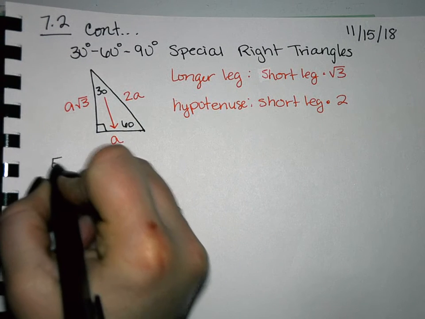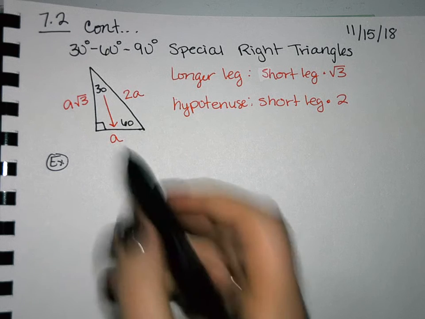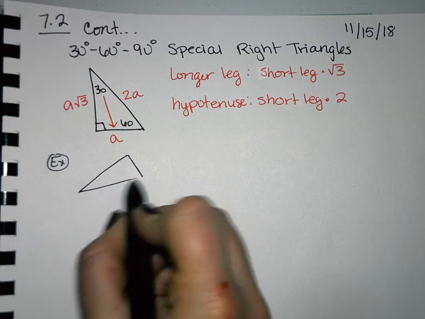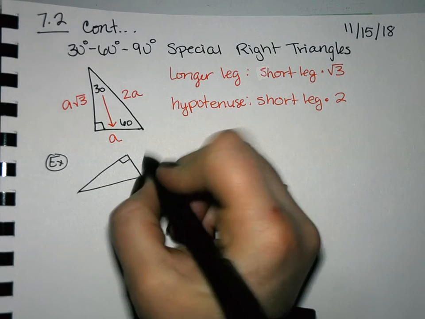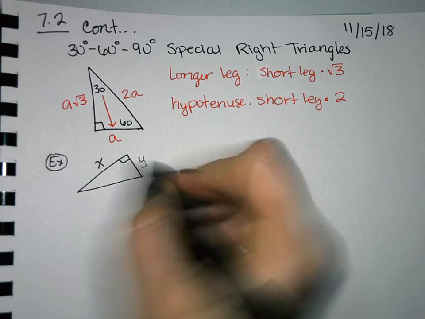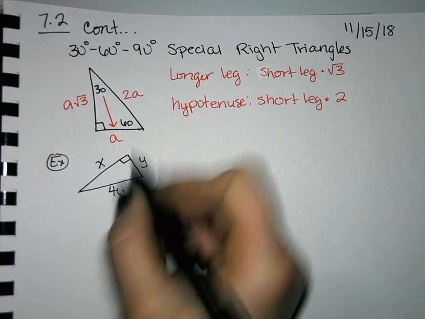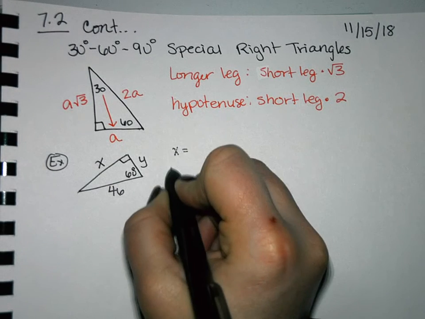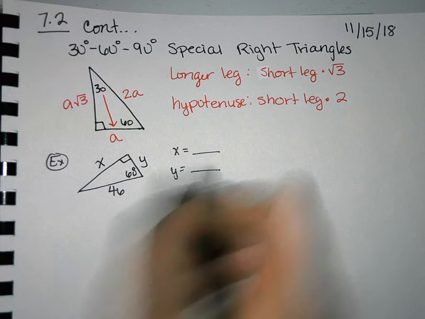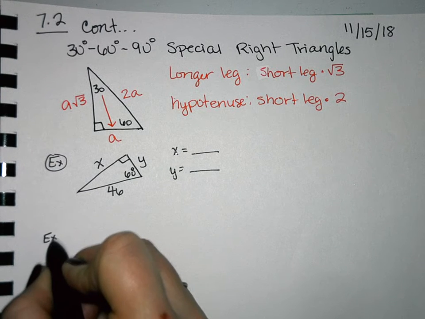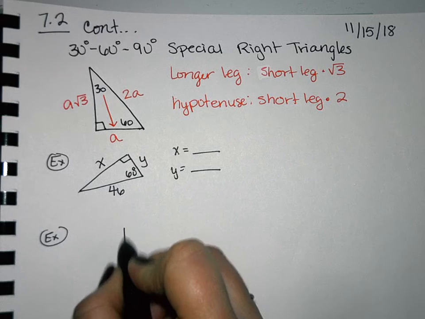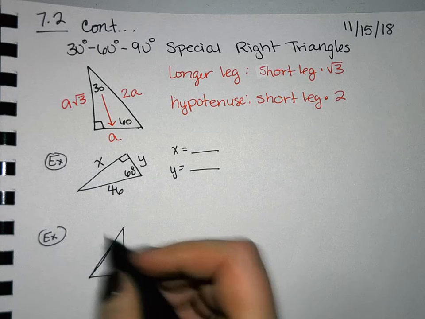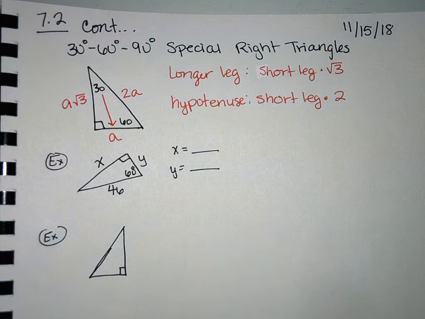So on all of these, we're going to solve for X and Y. That's 60 degrees.